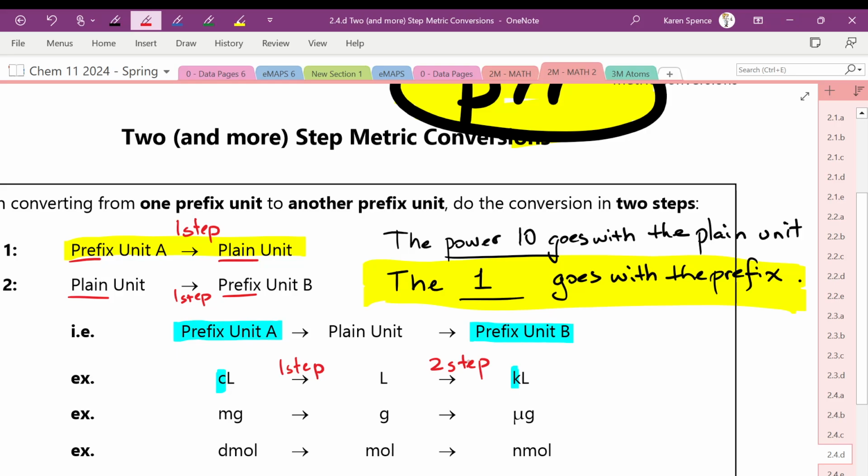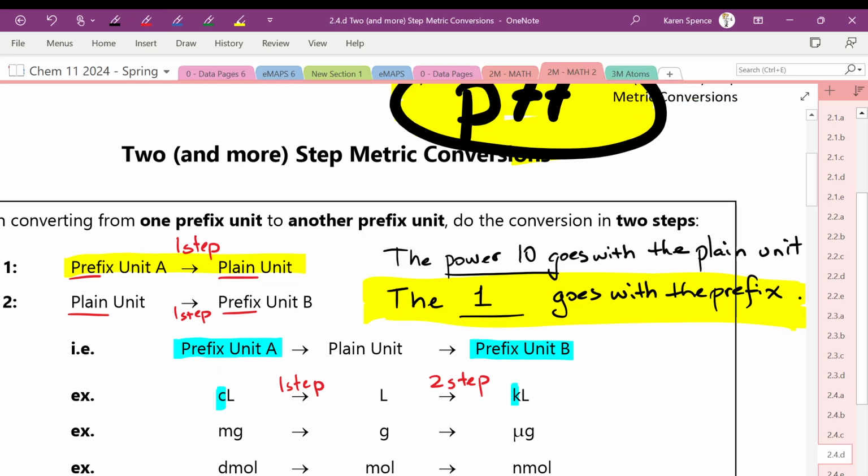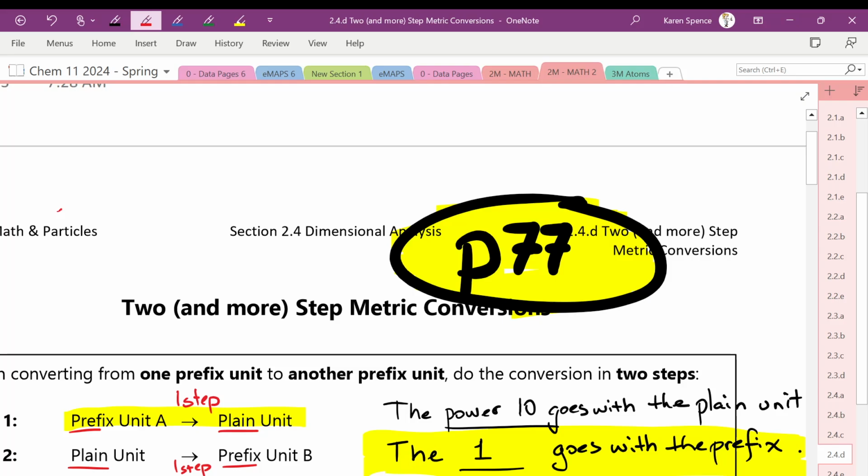So you always take the prefix unit and convert it into the plain unit. If you have a mountain range over here, some mountains, let me draw a mountain. There we go, and we've got some snow on the mountain.